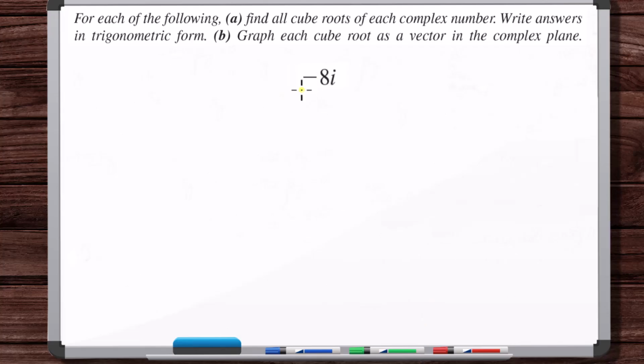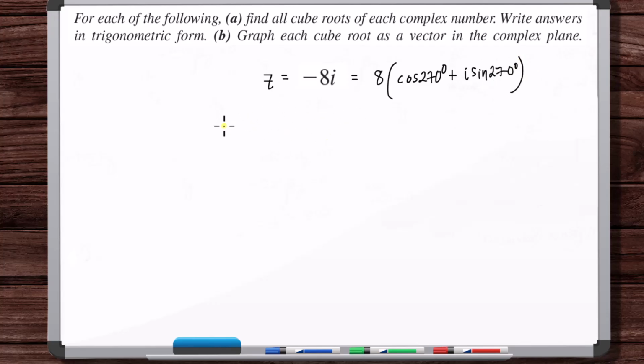Okay, so we want to find the 3 cube roots of minus 8i. Now, in polar form, minus 8i is going to be 8, with angle 270, right? That's the negative vertical. Cosine of 270 plus i sine of 270.